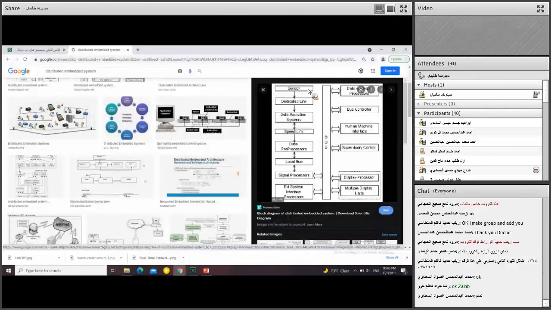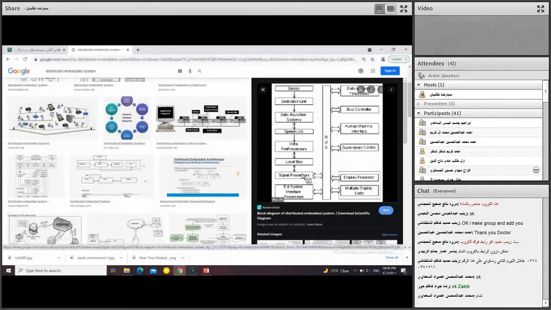You can see a bus between some parts, for example, sensor, dedicated link, data acquisition system, speed link, data pre-processing, local bus, signal processors, external system interfacing, multiple display units, display processors, supervisory control, human machine interface, bus controller, and data processor.